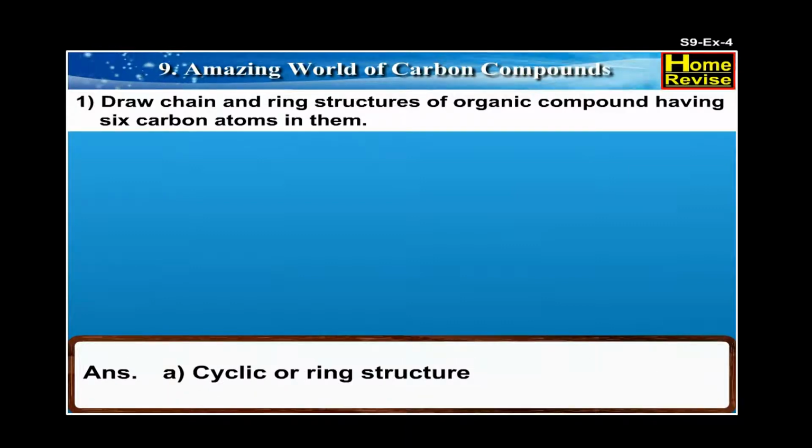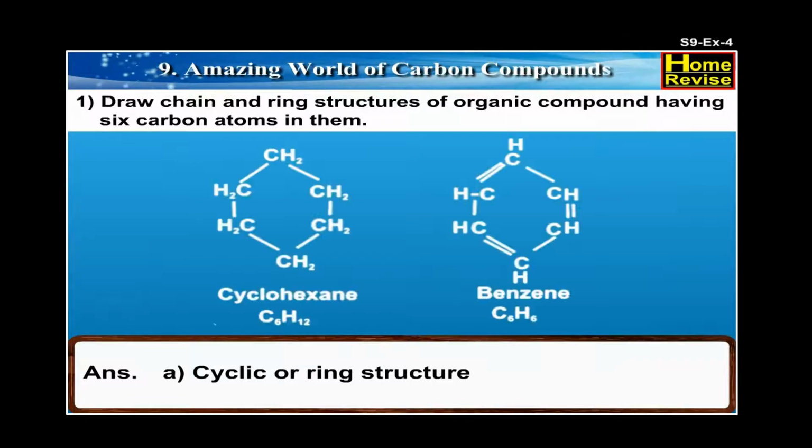A. Cyclic or ring structure. For example, cyclohexane, that is C6H12, and benzene, that is C6H6.